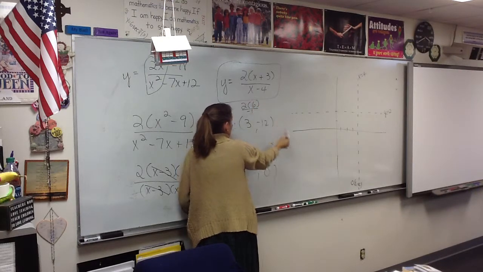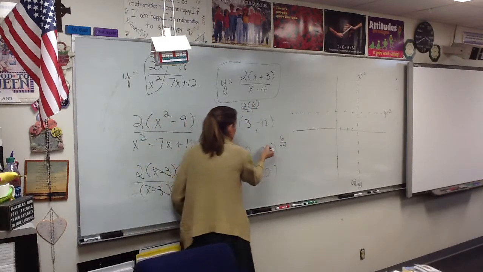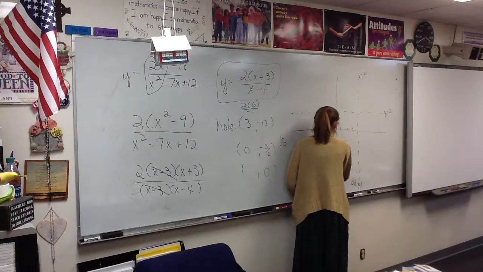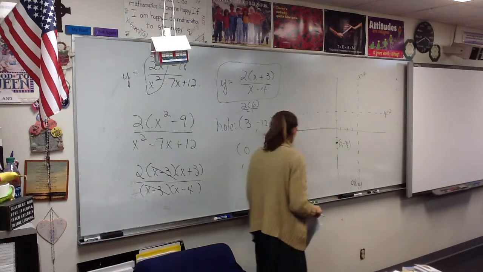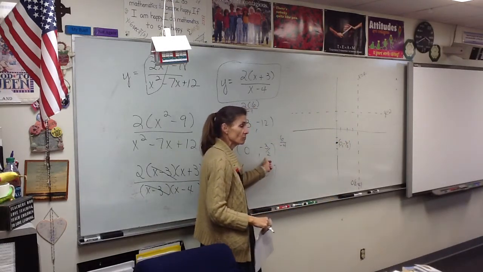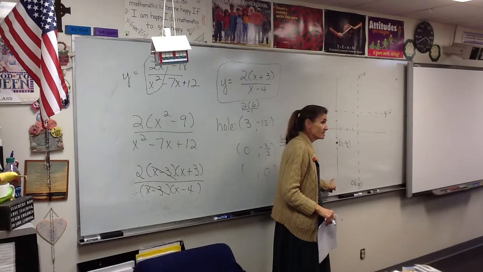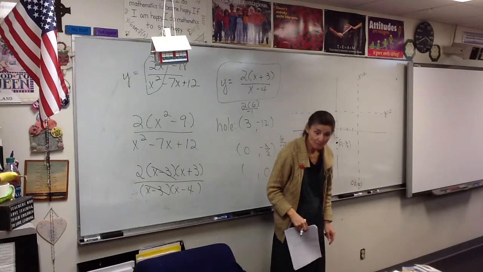And negative 4 on the bottom. So that's negative 3 halves. The point 0 comma negative 3 halves is plotted on the y-axis, so you put it in the blank called y-intercept.